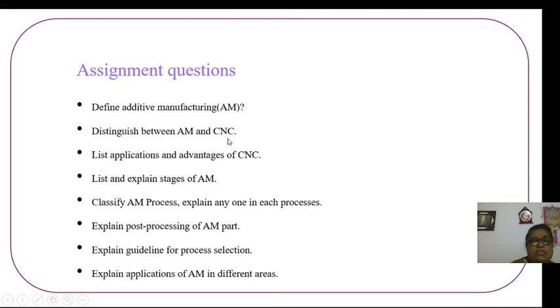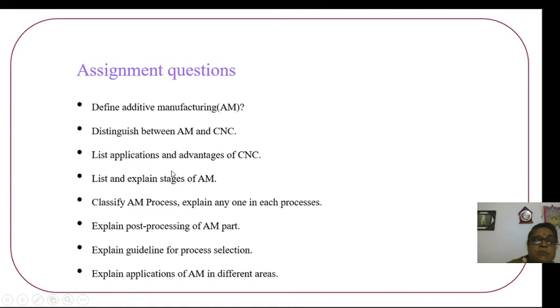So, applications and advantages: list the applications and advantages of CNC machines as compared with additive manufacturing. In CNC machining, as I told, CNC machines are one of the newest traditional machining.